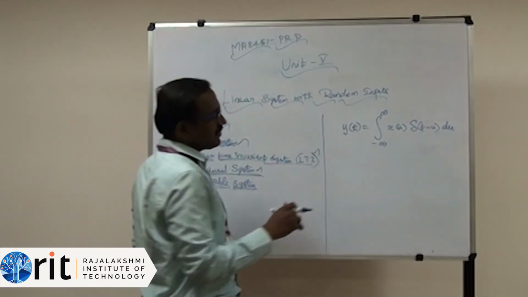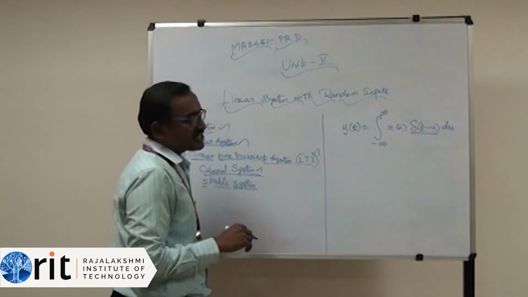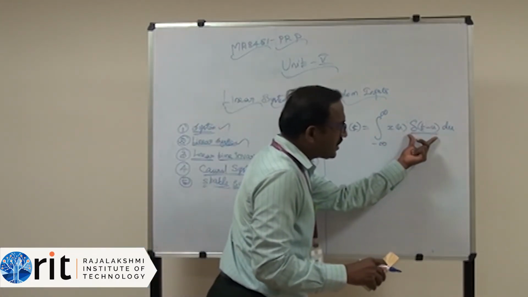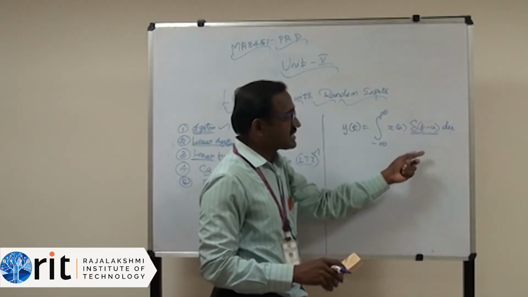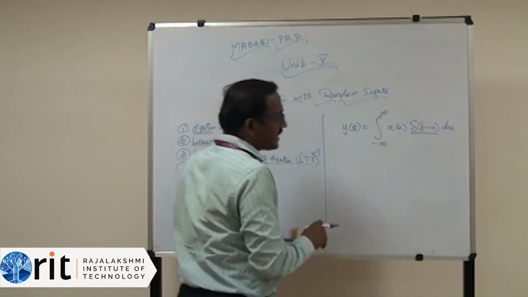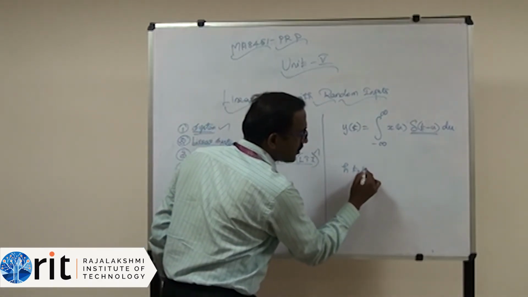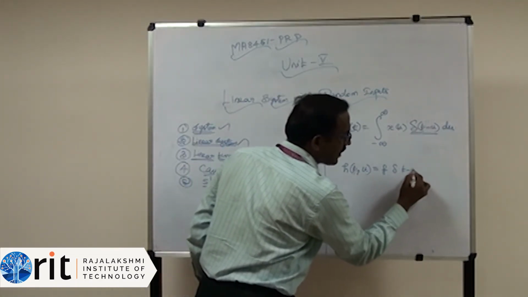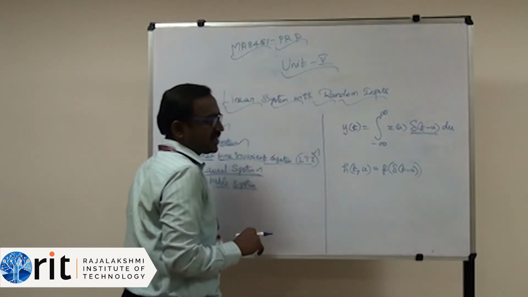The unit impulse function is delta of t minus u. When t equals u, the value is 1, and in all other cases it is 0. Now I can take the system response h of t comma u equal to some function of delta of t minus u.